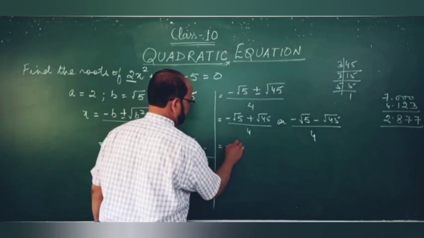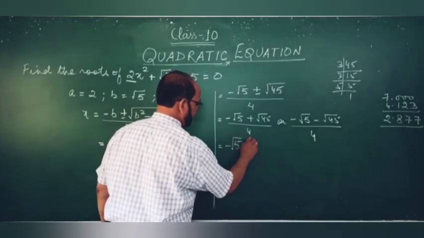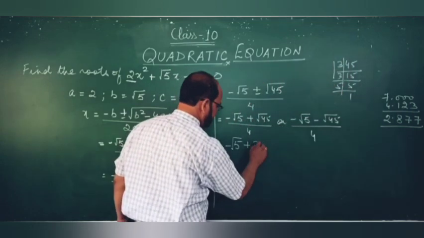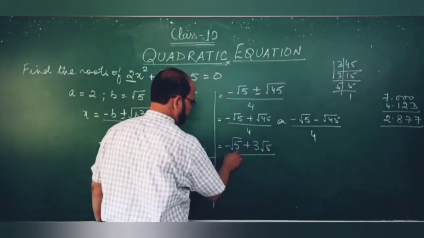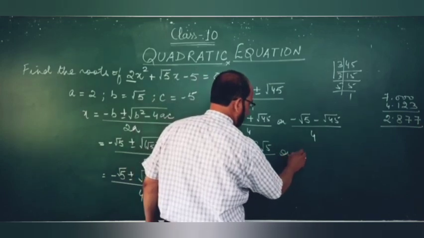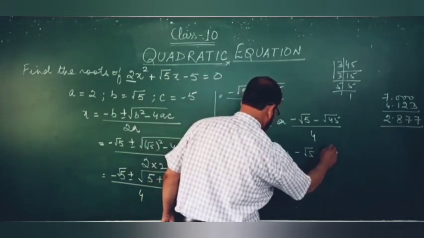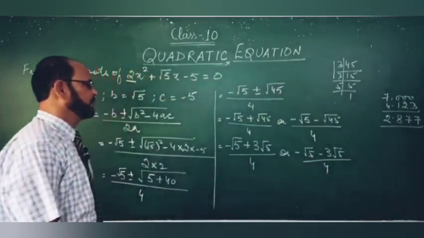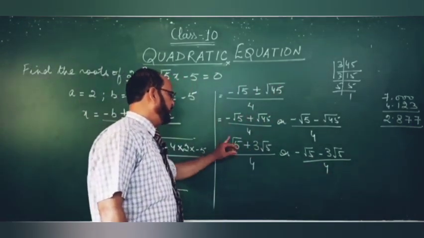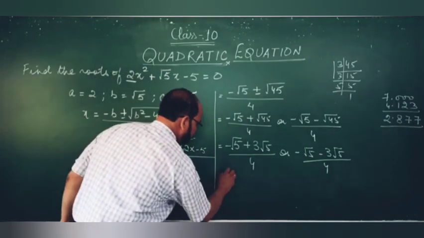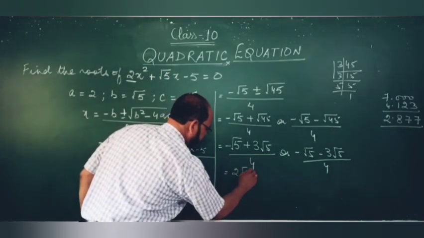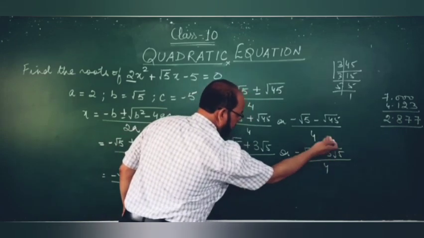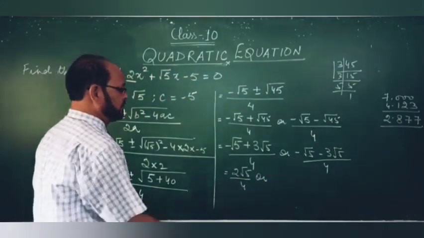So you can write under root 45 as one pair of 3, you will get 3 under root 5 upon 4, or here 3 under root 5 upon 4. 3 under root 5 minus under root 5 will give you 2 under root 5 upon 4, or here these two are having negative sign so they will be added together.